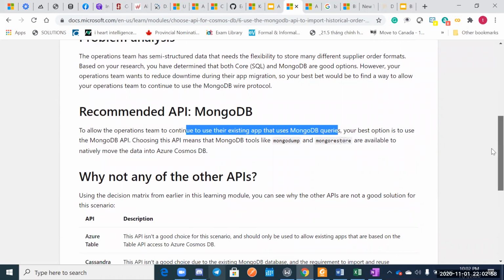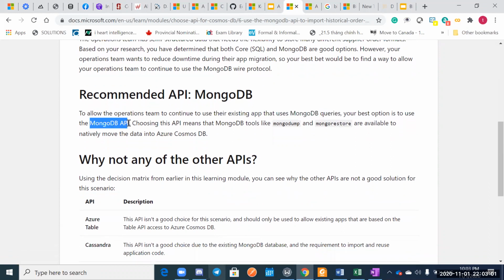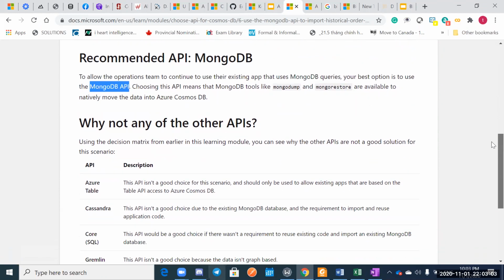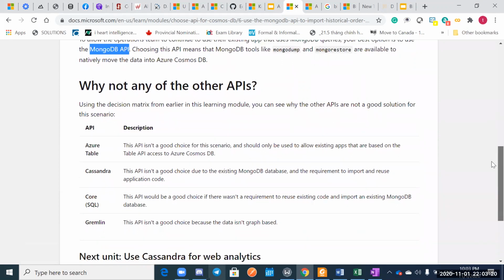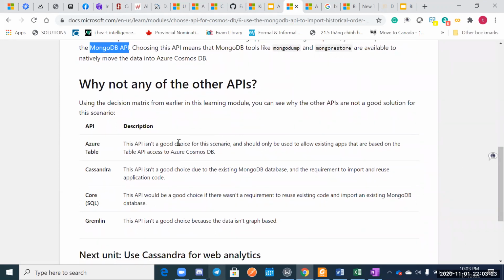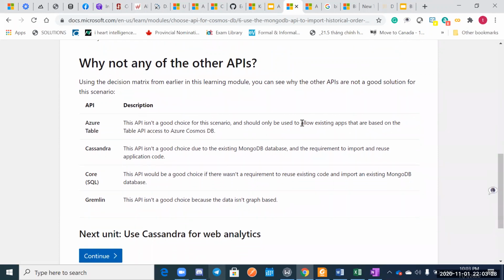So the best option is to continue to use the MongoDB API. Number one, you need to check what application you already have. If your applications or your storage only support the Table API or Cassandra, then there's no choice but to use that. They explain it here: because the existing app is MongoDB, all the others are not a good choice.